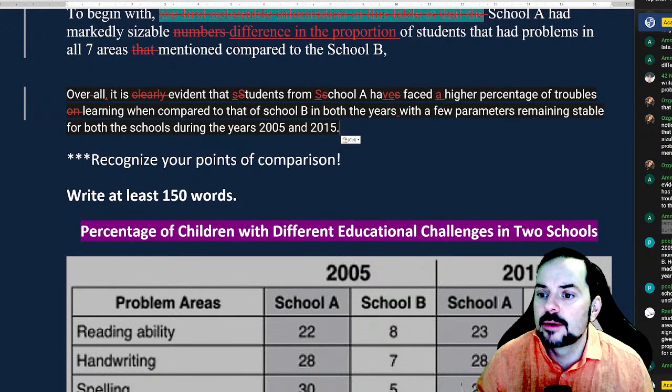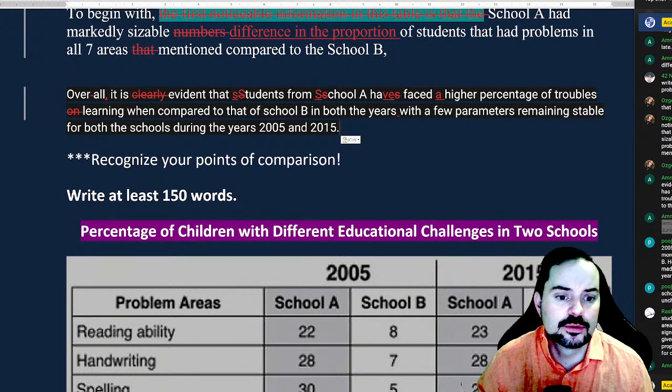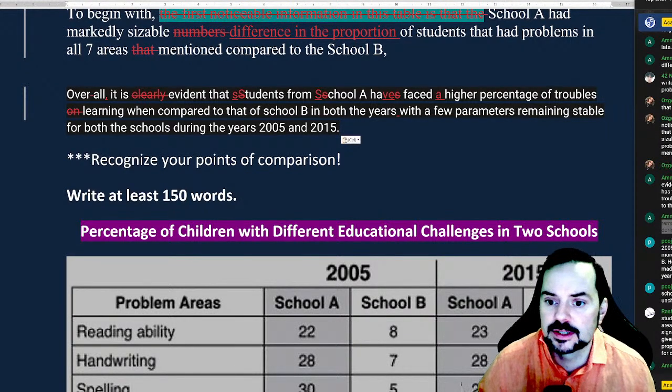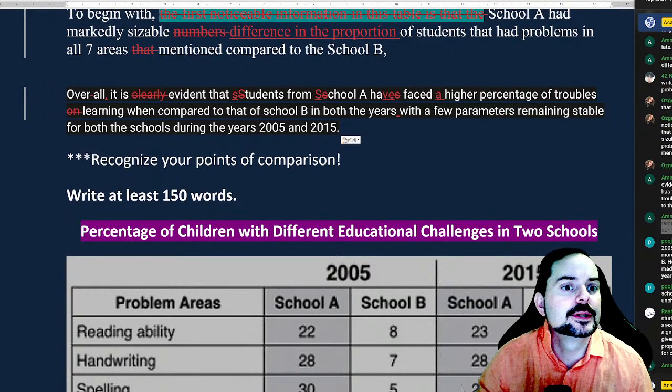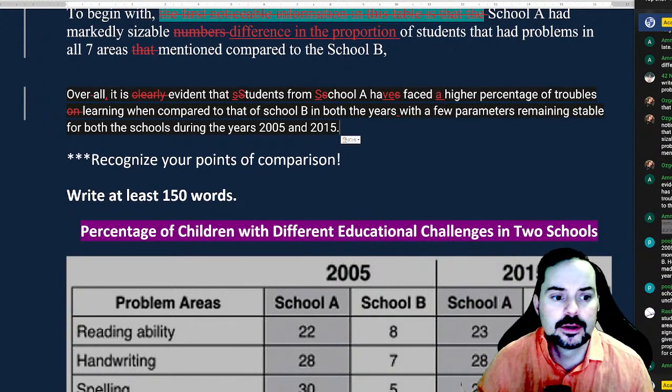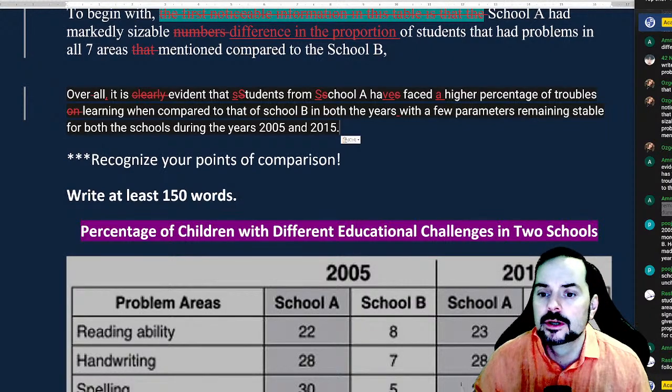With a few parameters remaining stable for both the schools during the years 2005 and 2007. With, we need clarity here in the second half, Amu.